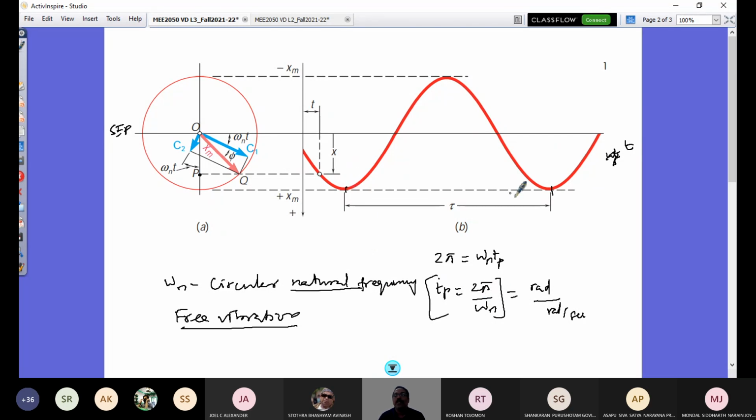So instead of writing radians here, I will now write seconds. How do I get this? I will put 2 pi by omega n. So 0 by omega n, then pi by 2 omega n, then pi by omega n, 3 pi by 2 omega n, and then 2 pi by omega n completes one cycle. So what would be the time here?